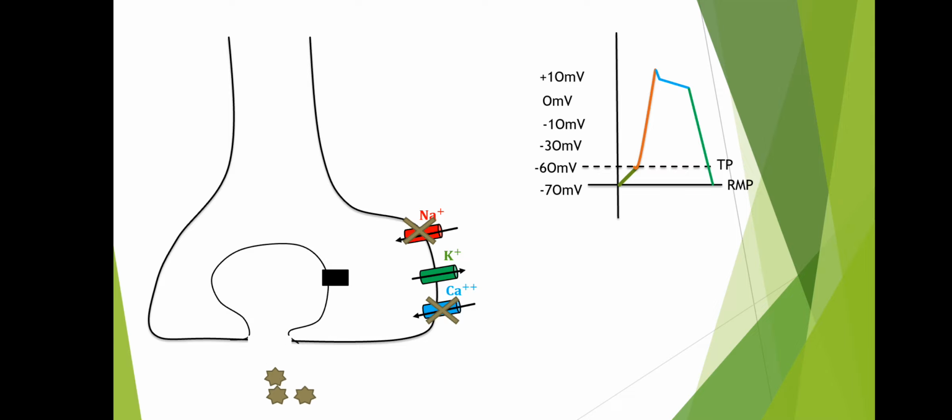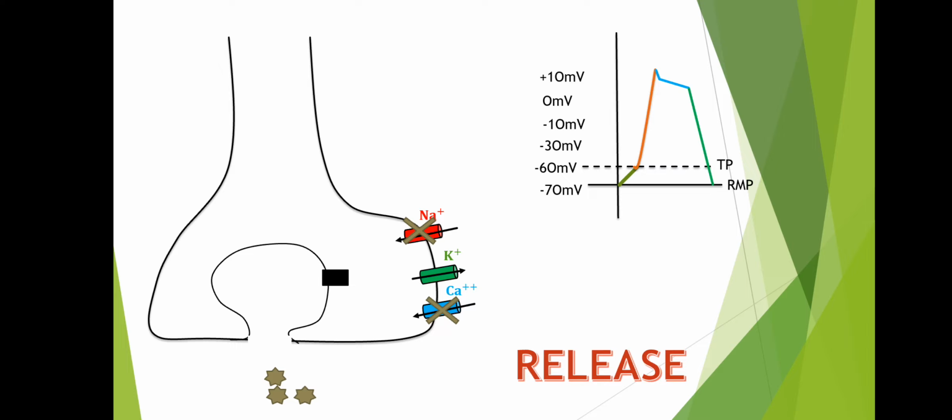So this is how release of serotonin takes place. Calcium ion has a great role to play here. It causes fusion of the vesicular membrane with the axonal membrane, and because of which serotonin is released by exocytosis. So this is about the release.